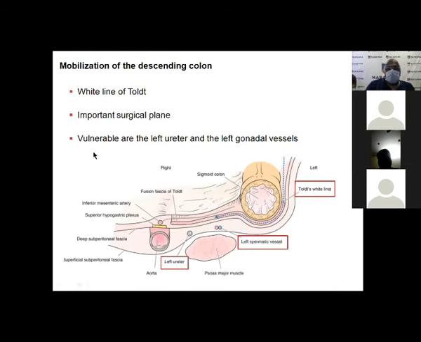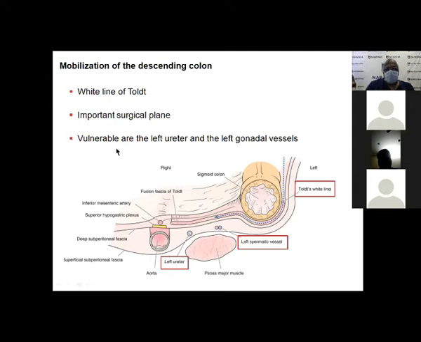Then the white line of Toldt is more important. That is an important surgical plane. If you are nicely coming down in the white line of Toldt, shift the sigmoid, shift the rectosigmoid, you will go into the holy plane behind the rectum, into the hollow of the sacrum. That is an important surgical plane.